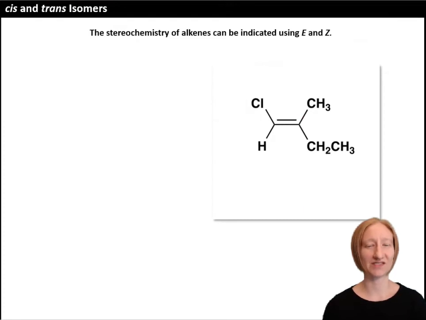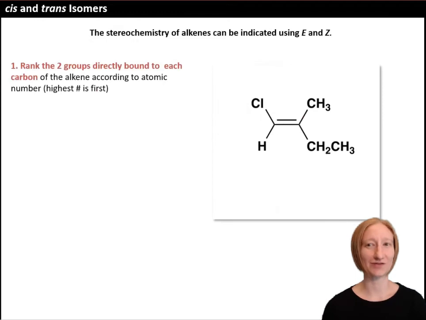To identify the stereochemistry of tri- and tetrasubstituted alkenes, we use E and Z nomenclature. And this naming system relies on the Cahn-Ingold-Prelog priority rules that we learned for determining the R and S designation of chiral centers. On this slide, we'll walk through an example of how we apply those priorities to alkenes.